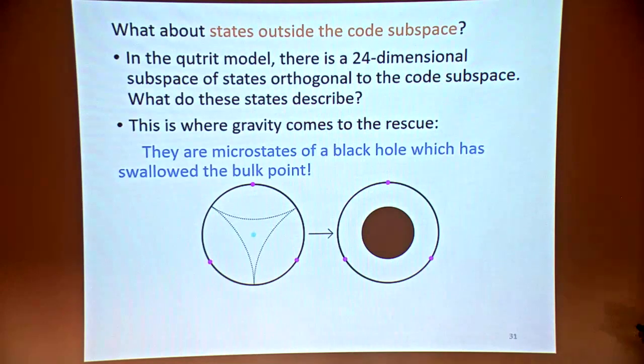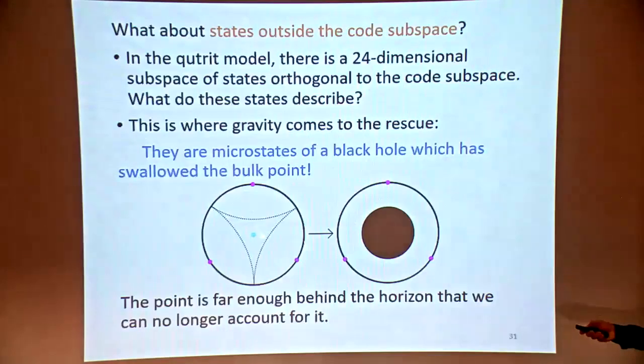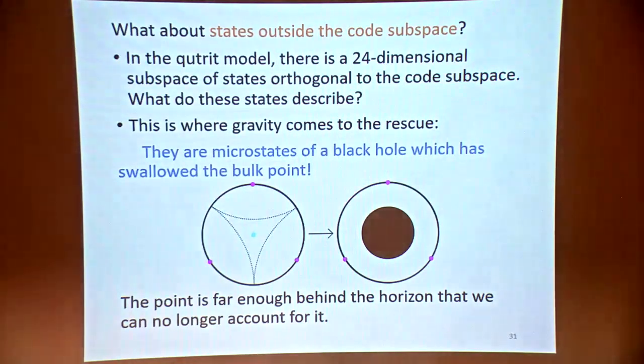They are microstates of a black hole which has essentially swallowed the bulk point. So the bulk point is behind the horizon, and in fact so far behind the horizon that we can no longer account for it. This is similar to the Qtrit model, where if we go outside the code subspace, it's simply an invalid message.